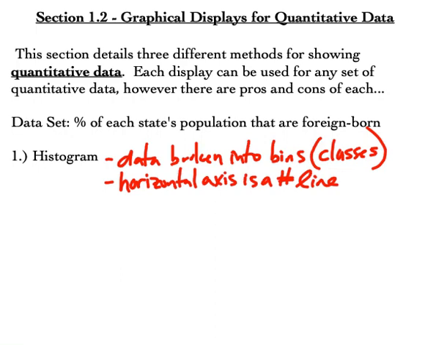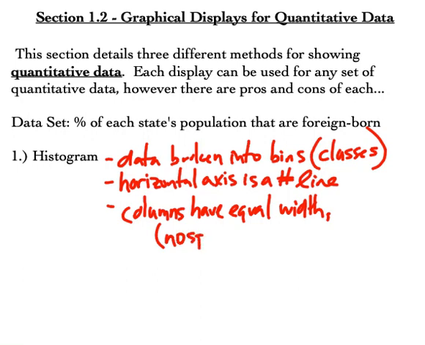We use a bar graph for categorical. In this one, the horizontal axis is not a category, but rather a number line, and how many things fit into each of those bins. And then, generally speaking, we want to have the columns having equal width, and ideally, maybe no spaces in between either, if that's possible.